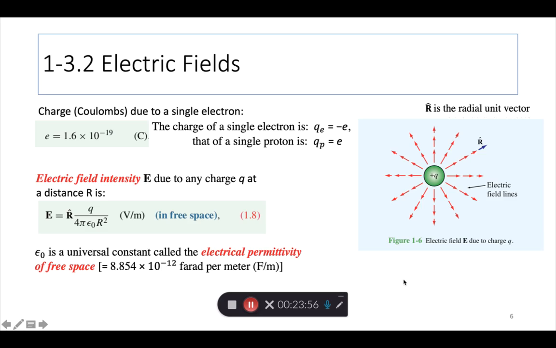I hope you have seen this formula or something like this in the past, but this is an important formula for our course, and that's why it has appeared here.